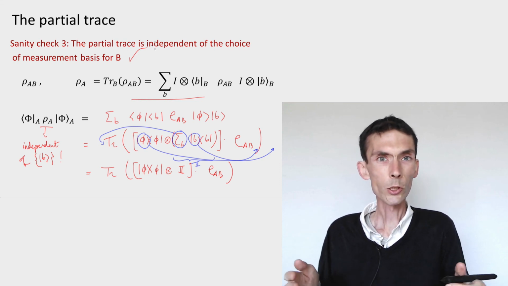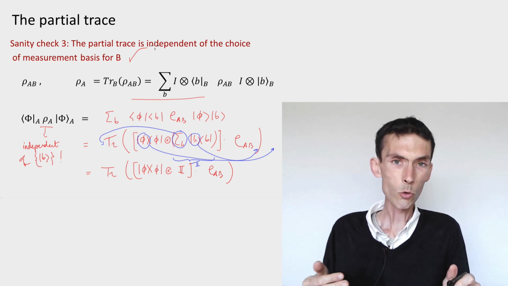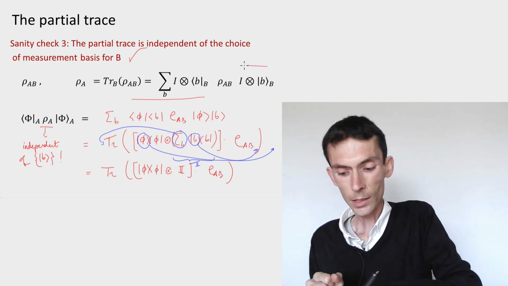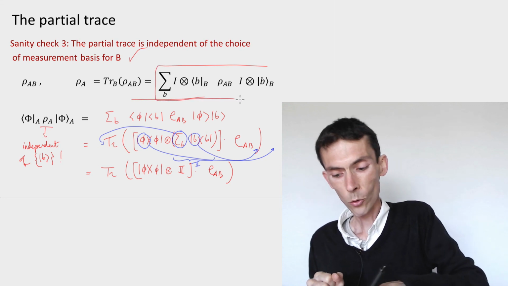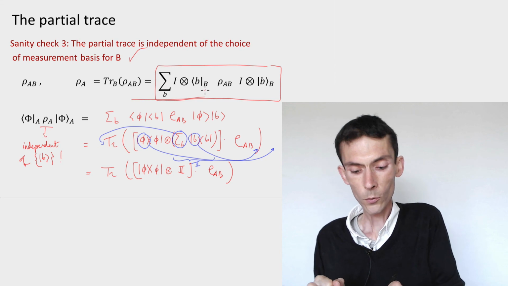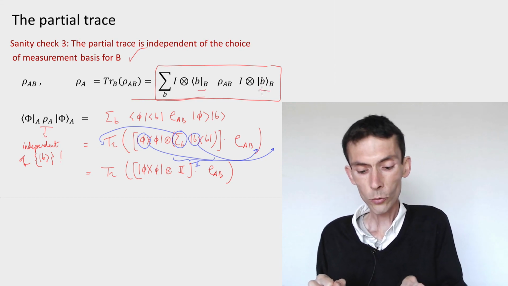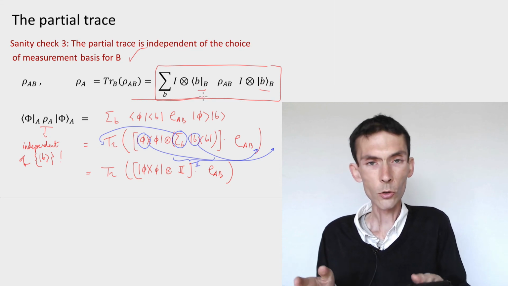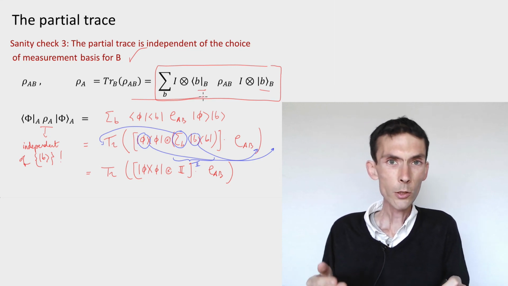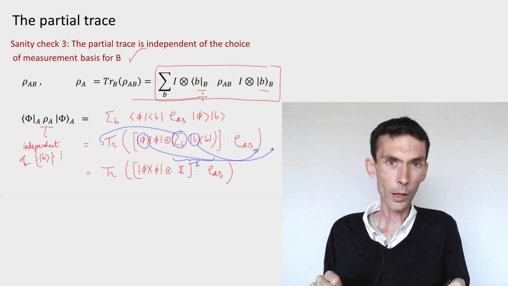Of course, this measurement is not something that you perform at any point, it's just something that's used to do the calculation. In this expression, even though the result when you sum over all B is independent of the choice of the basis B, when you actually have to compute it, it's important to make a choice of basis B that makes the computation easier. And we see an example of how to make the right choice of basis in the next example module.